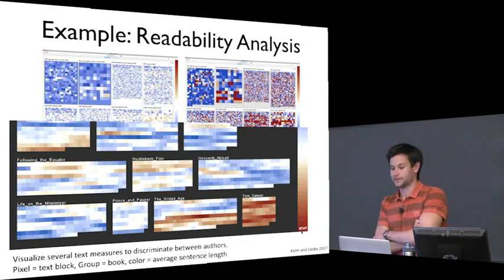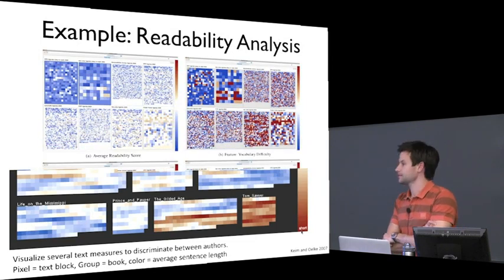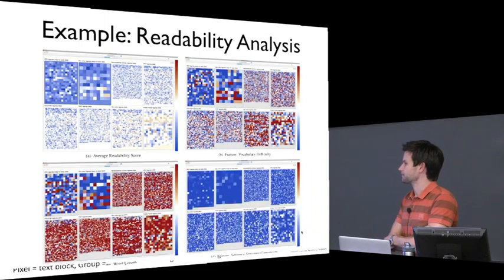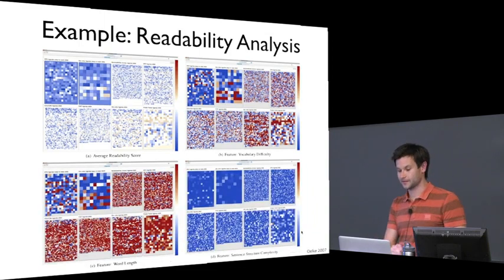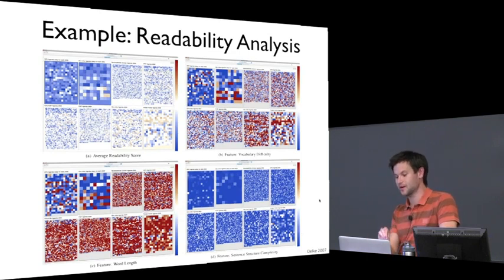This is another example. It's readability analysis by the same lab. So it's a German lab from Konstanz. And again, the goal is to create these fingerprints showing the different features of text. For instance, here there is an average readability score, so how easy it is to read the text.